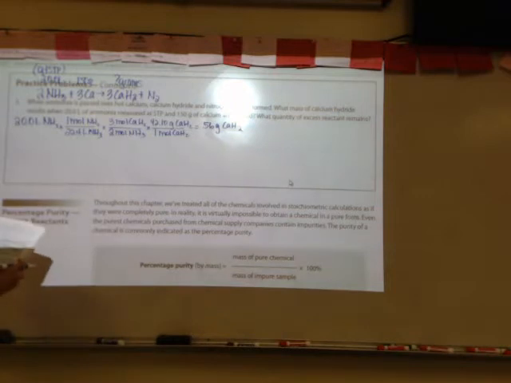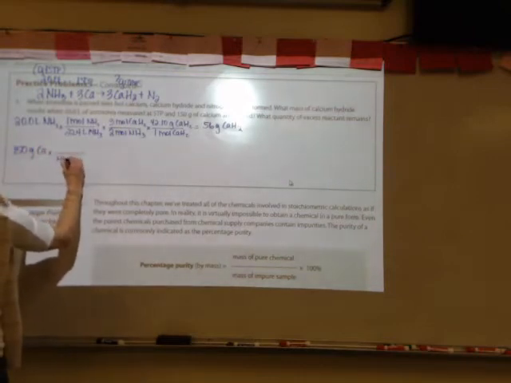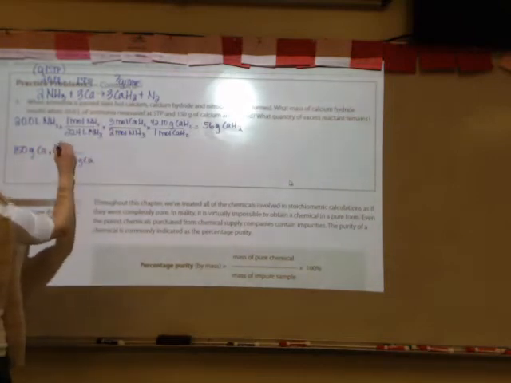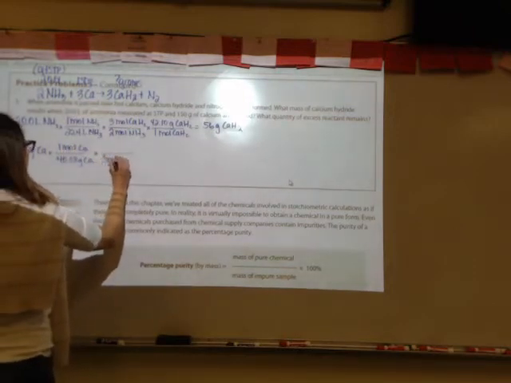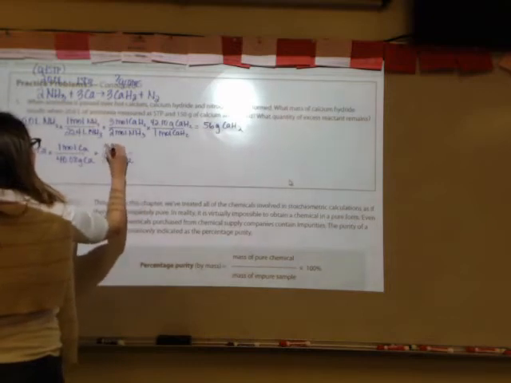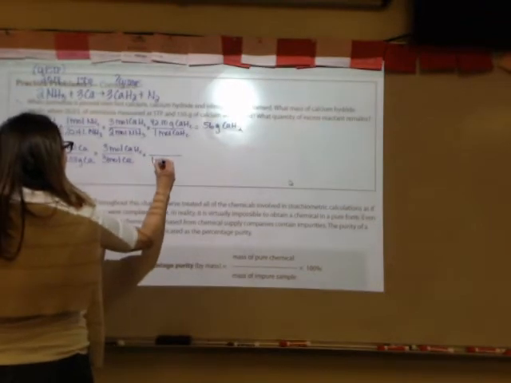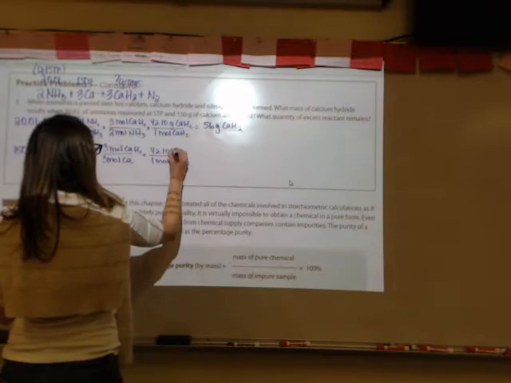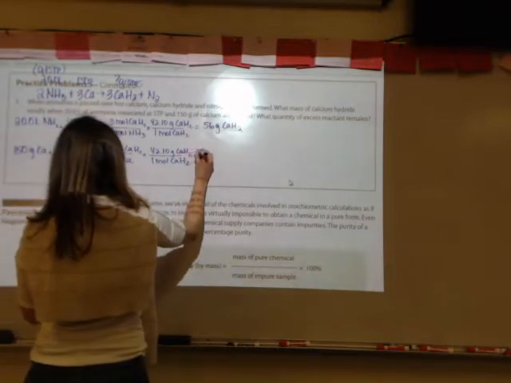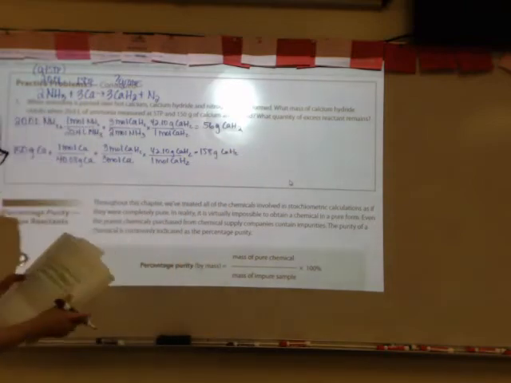Now what we're going to do is take our 150 grams of calcium and convert that to moles, and then over to grams, and you're going to get 158 grams if you use that as your reactant.